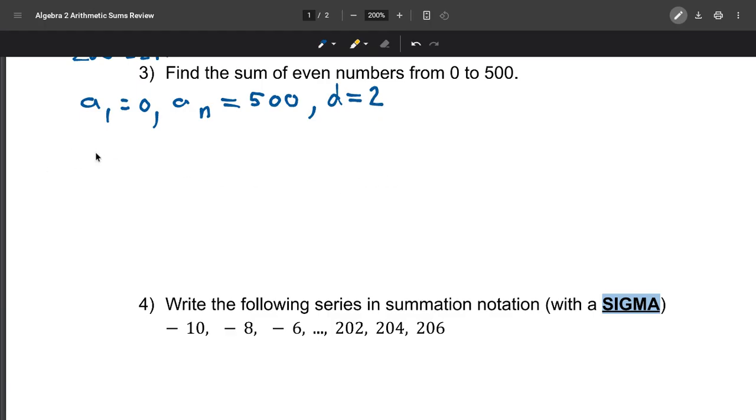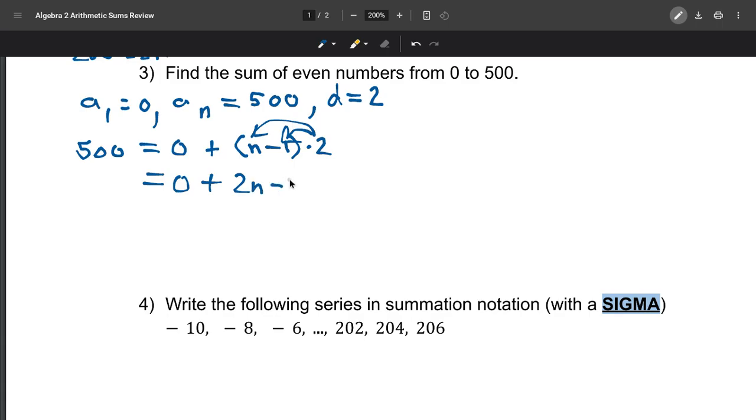And we want to figure out n, so we're going to say a sub n, so 500 equals a sub 1, 0, plus n minus 1 times 2. Distribute the 2. We get 0 plus 2n minus 2 equals 500.